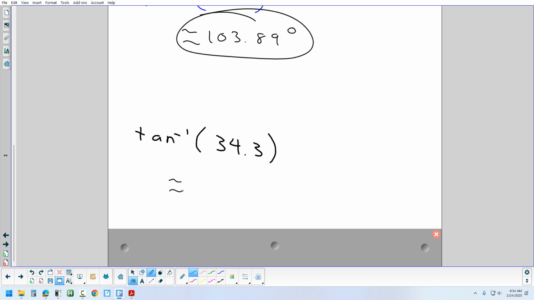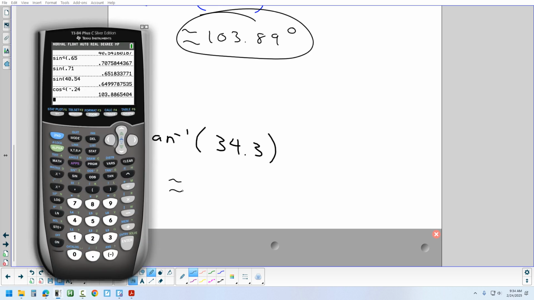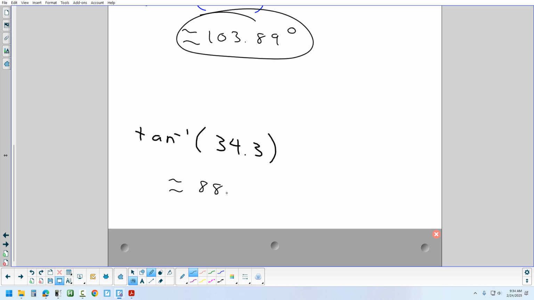No. So you've got to do that one with a calculator. And that confirms it's not in the table because the table only has multiples of 30 and 45. 88 is not a multiple of 30 or 45. So it's 88.33 degrees. Question on that?